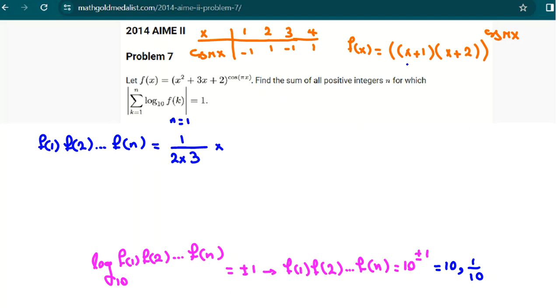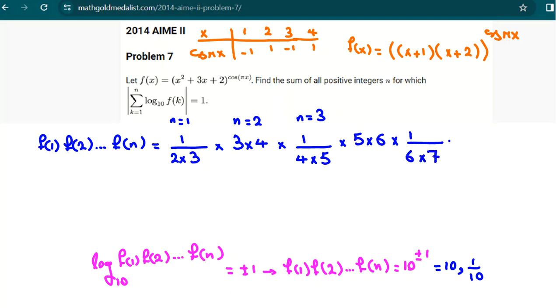Times, next one, f of 2, 2 plus 1, 3 times 4, for n 2, cos pi times 2, which is 1. Then times 1 over 4 times 5 for n 3. It will be 1 over 4 times 5, times 5 by 6, times 1 over 6 by 7, times 7 by 8, times 1 over 8 times 9.